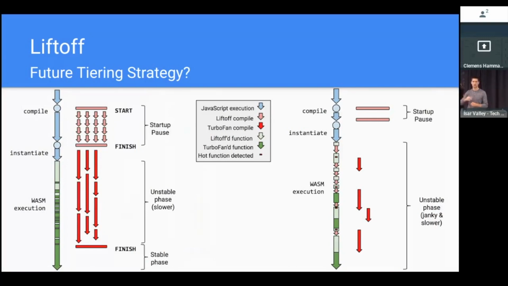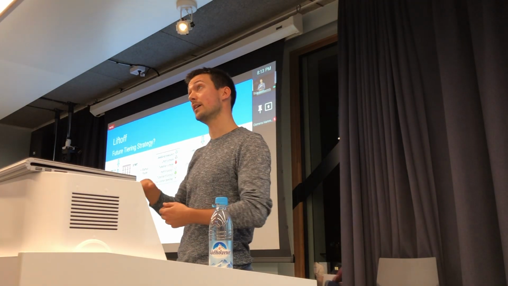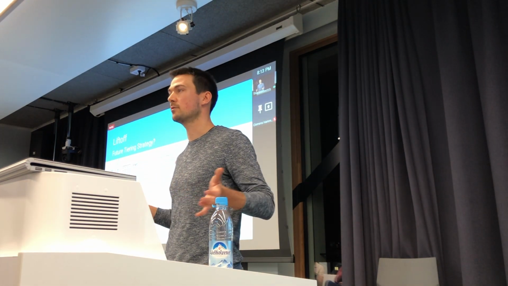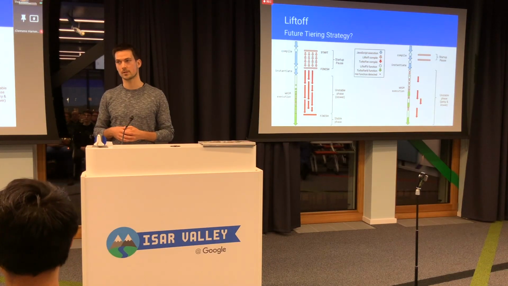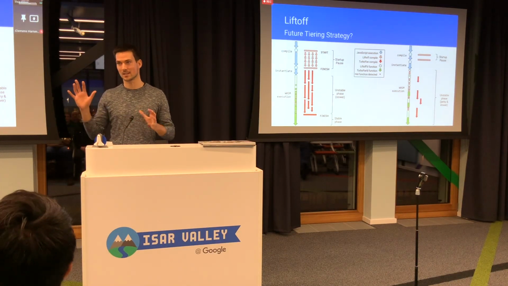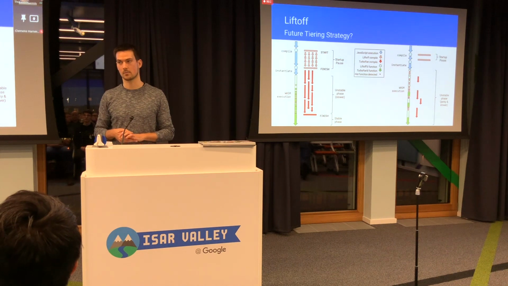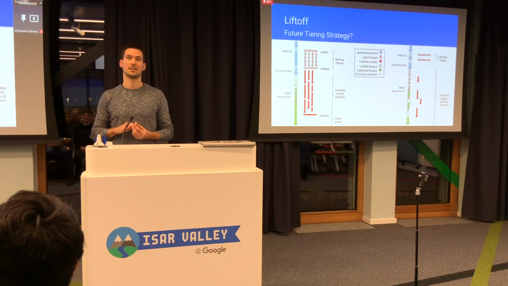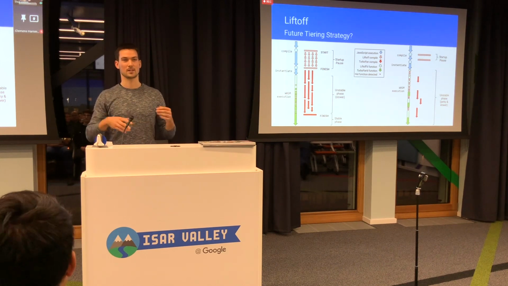So this might be a scheme that works for mobile devices. It is not perfect because you now again have compilation pauses and it takes some time to have the TurboFan code running. But if you are limited in memory, we just cannot hold all the machine code in memory, so we have to do some lazy and dynamic tiering. This still needs to be implemented. And once this is done and the ARM port is done, then we can also enable Liftoff on mobile.